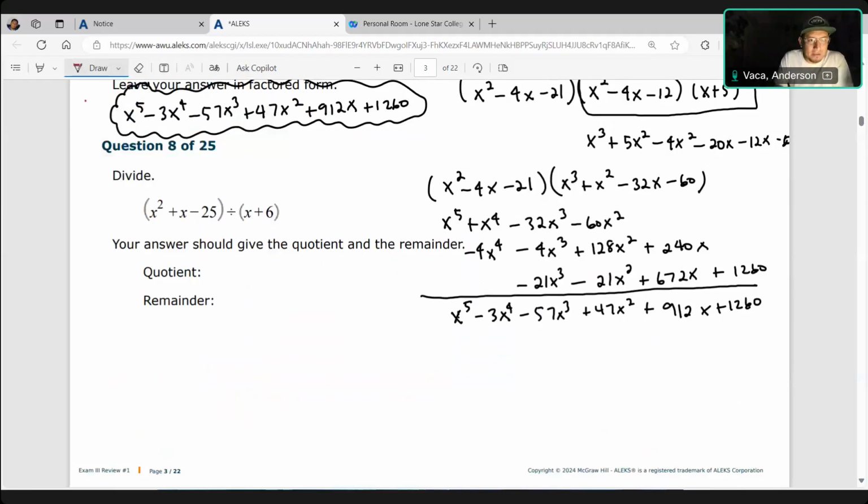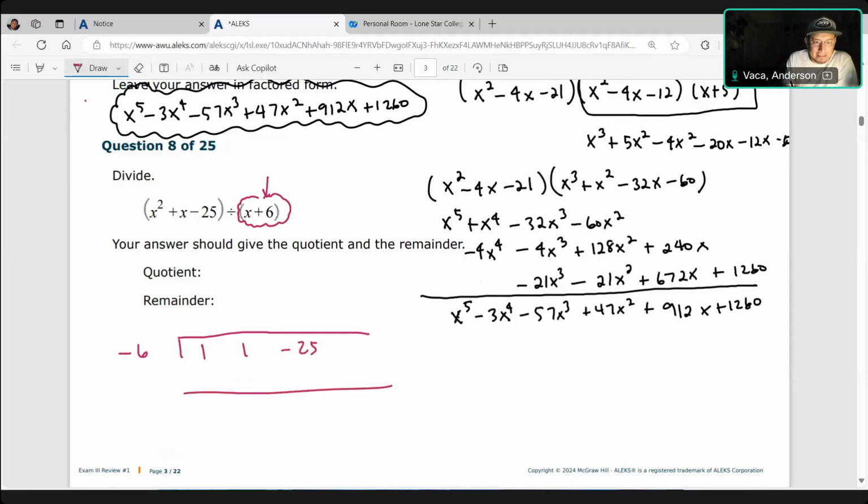All right, let's go ahead and do this division here. And I am very glad that we are dividing by this type of binomial because I am going to take care of this example using synthetic division. 1, 1, negative 25.